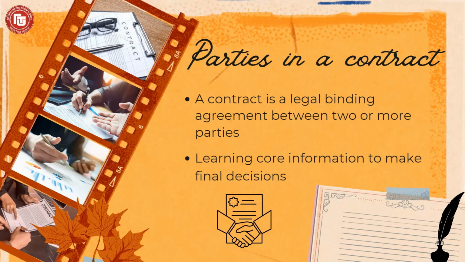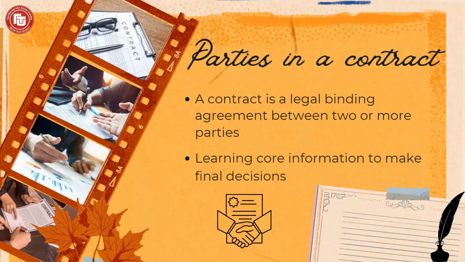Therefore, by learning core information from the other party beforehand, such as vision, mission, values, scale of operation, type of service, operation method, and key members, each company can understand who they are working with, their reason behind purchasing their products, and credibility to fulfill their obligation. From that, they can make a final decision about whether they should do business with each other or not.